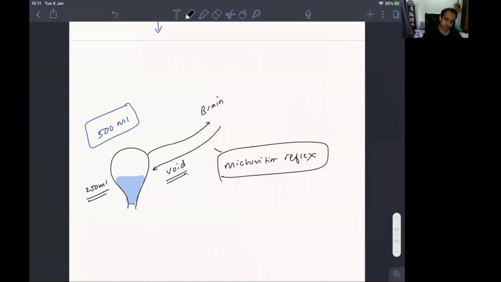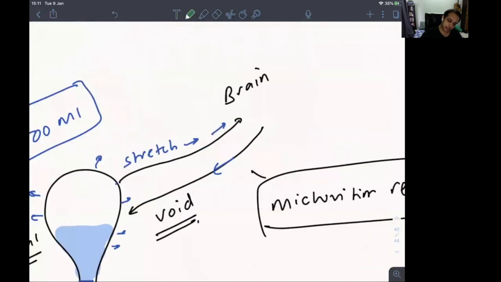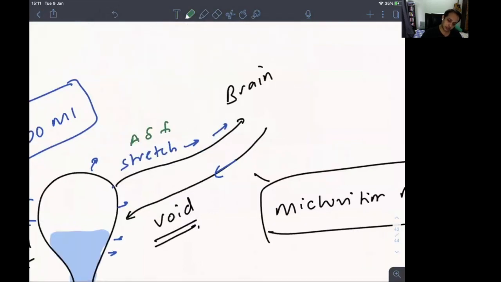So if there is filling up to 200 or 250 ml, the bladder senses that the bladder walls are getting stretched, and this stretch gets sent up to the brain and the response comes back to void. Okay. Now this stretch is sent up by A delta fibers.